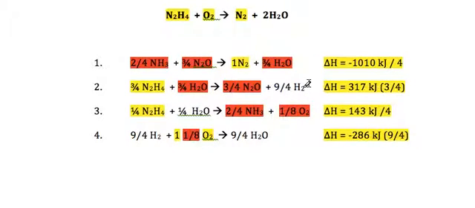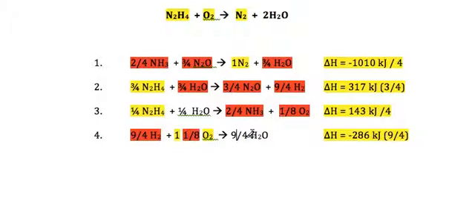The same thing's going to happen with my 9/4 hydrogen, except I want that to be red. Okay, so I want that to cross out with this. And the last thing left is 1/4 water as a reactant and 9/4 water as a product. In my overall reaction, I need 2 waters.